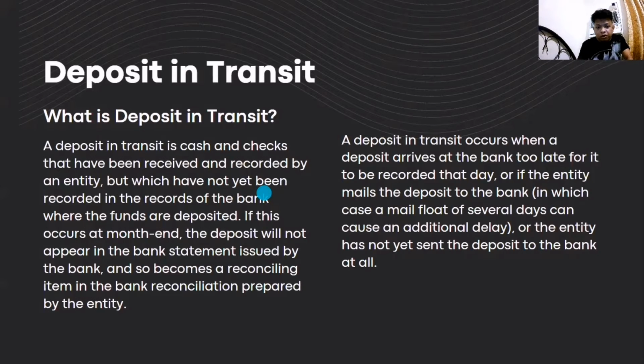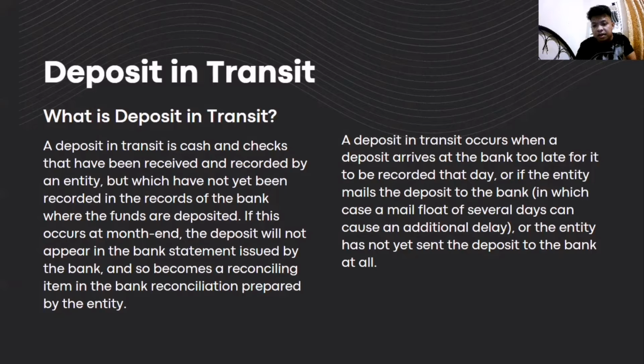So, deposit in transit. What is deposit in transit? A deposit in transit is cash and checks that have been received and recorded by an entity, but which have not yet been recorded in the records of the bank where the funds are deposited. If this occurs at month end, the deposit will not appear in the bank statement issued by the bank, and so becomes a reconciling item in the bank reconciliation prepared by the entity.